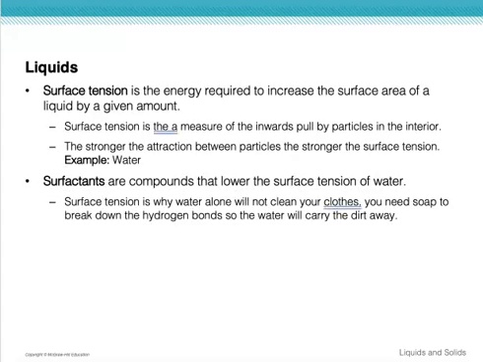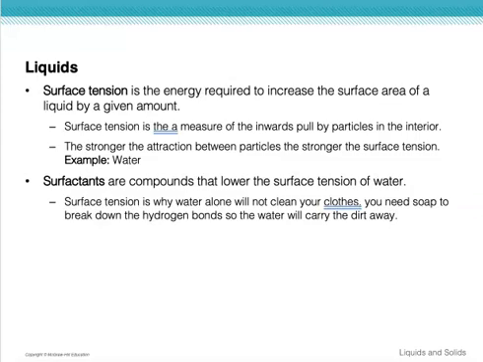Let's talk about surface tension. Surface tension is the energy required to increase the surface area of a liquid. High school English. It's the amount of energy that the molecules pull inward so that their surface is firm, right?